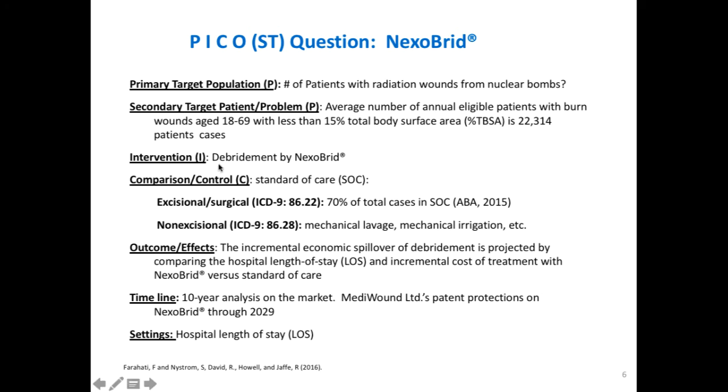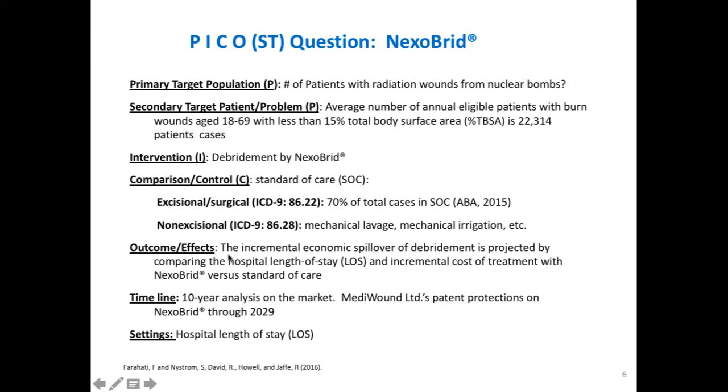So basically, this debridement by NexoBrid decreases the number of hours the surgeon works on patients. So basically, it decreases the length of stay in hospital.